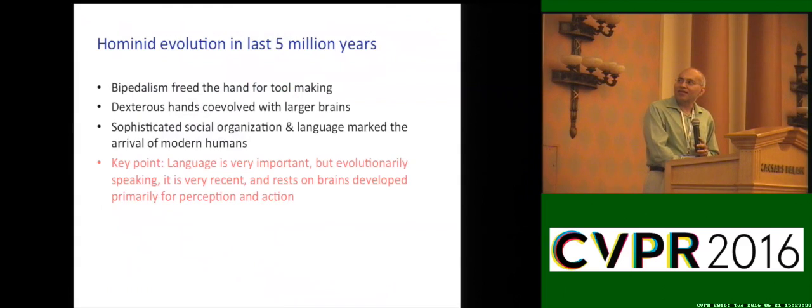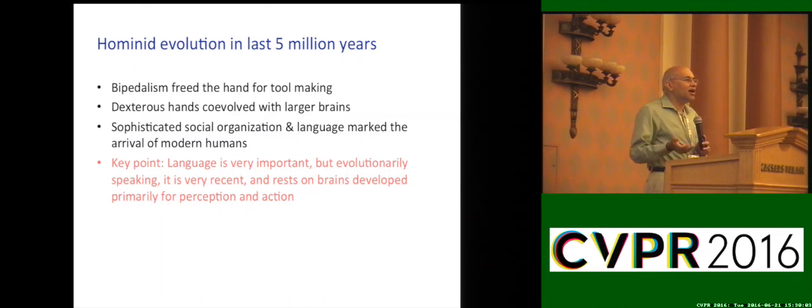Okay? So now moving from 500 million years ago to 5 million years ago, considering human evolution, there are these stages where the first most important stage was bipedalism, which freed the hand from locomotion for manipulation, and there is considerable evidence that the brain evolved in response to that.